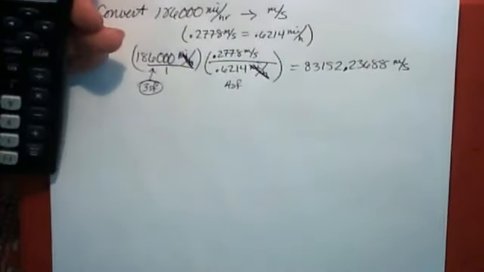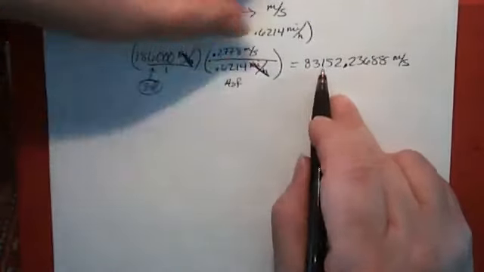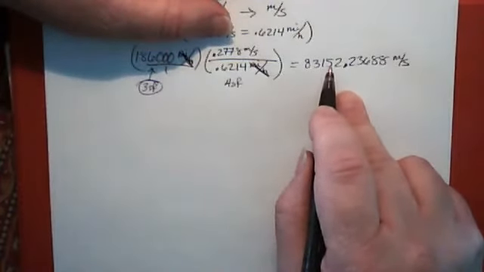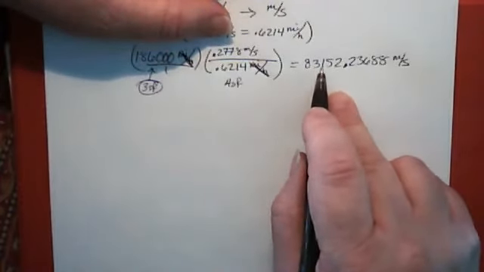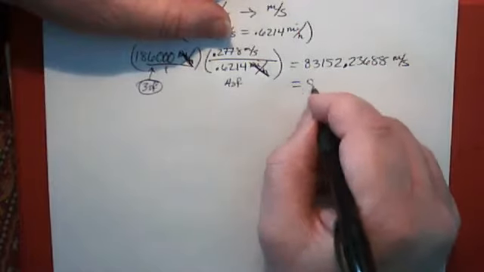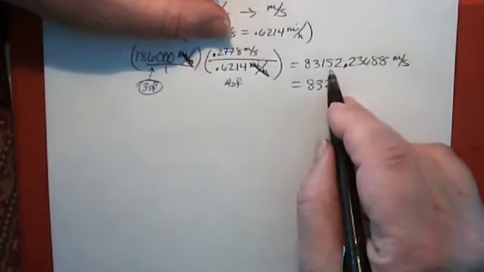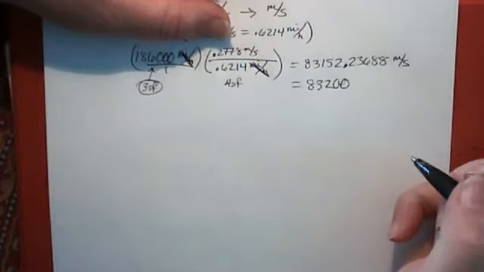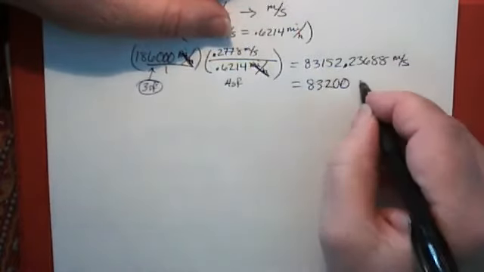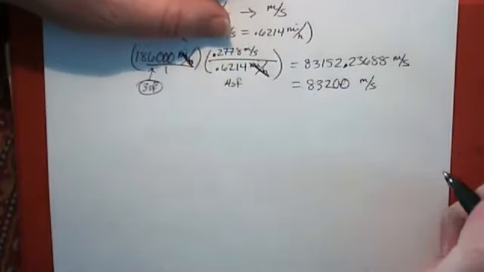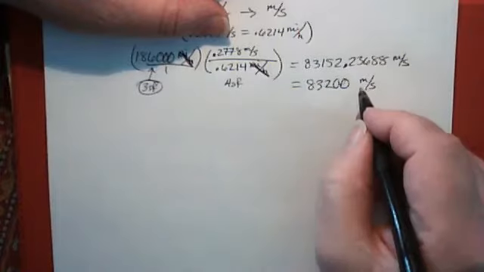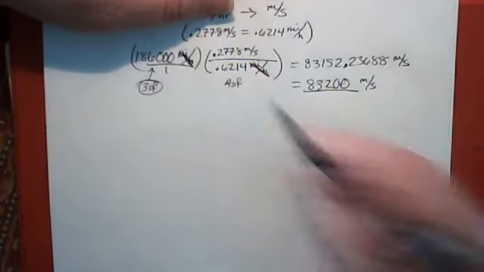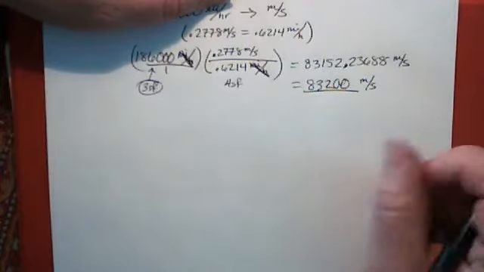So 3 it is. That would mean the 8, the 3, and the 1 can stay, but everything else has to go. First digit you're dropping is a 5, so the number before it has to go up by 1. And also you're dropping 2 digits before the decimal point, so you have to replace those with zeros so as to have the same relative magnitude, and that would be meters per second. 83,200 meters per second would be equivalent to 186,000 miles per hour.